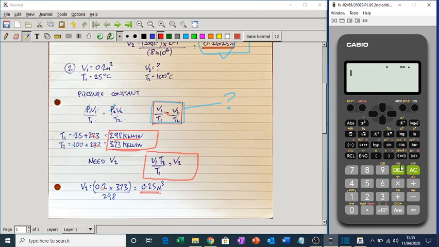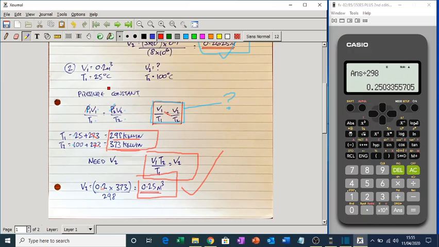So stick that in your calculator, and we can do 0.2 times by 373, press equals, divide that by 298, equals 0.25, so it's expanding a bit.